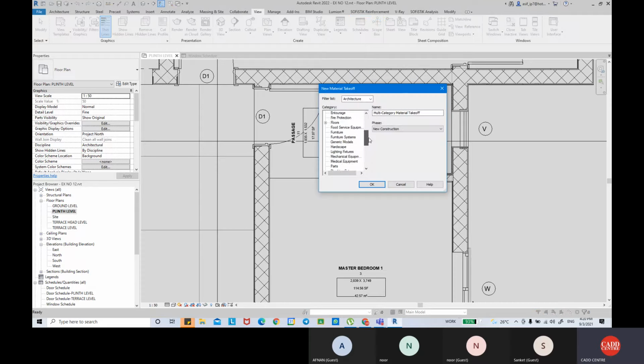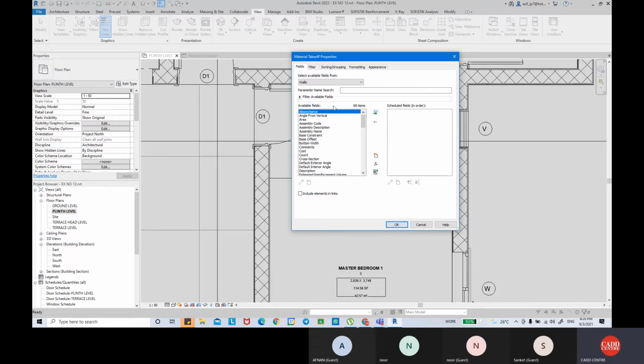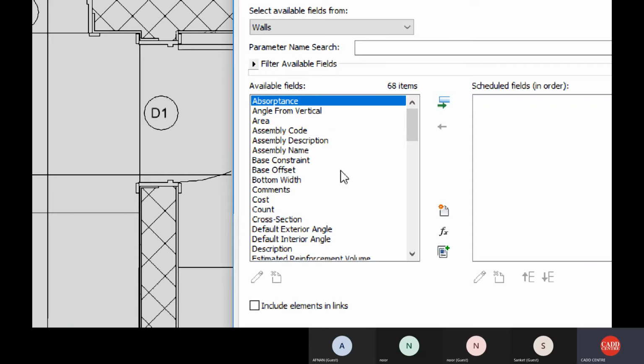Now, when you take material takeoff, it will ask you for which category you want to take off the material. So we'll take walls, and in walls, I'm going to write down this is wall material takeoff for supposedly brick wall. Bricks. Okay, and in this, I'm going to input the field information.